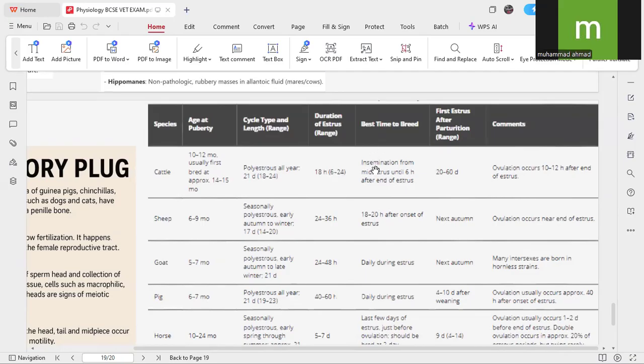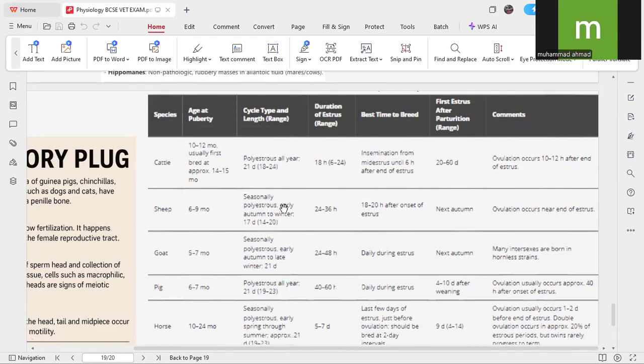Best time for insemination is from mid estrus until 6 hours after the end of estrus. First estrus after parturition is 20 to 60 days. Ovulation occurs 10 to 12 hours after the end of estrus.